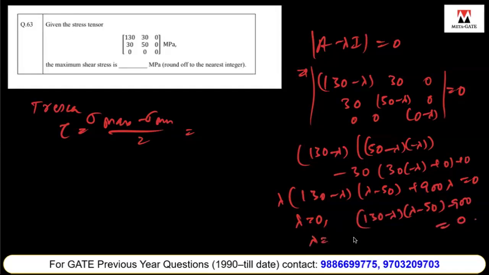So on solving it, we get lambda is equal to 160, comma 20, and 0. The maximum shear stress is 160 minus 20 by 2, which is approximately 140 by 2.